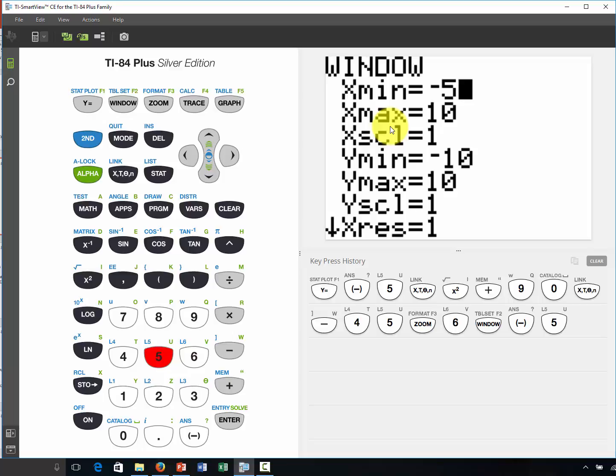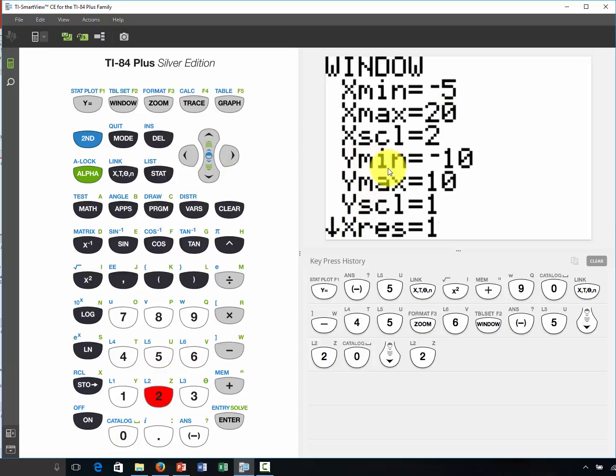The axis of symmetry was at x equals 9. If I add 8 onto 9, I get about 17. So I'm going to let the x-max be about 20. This span is about 25, so I'm going to count by 2s.